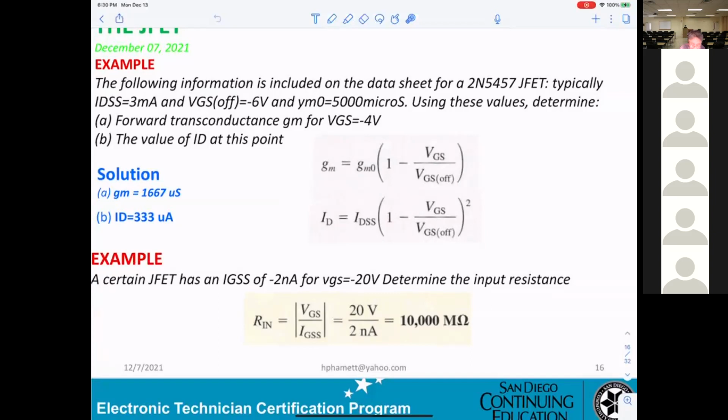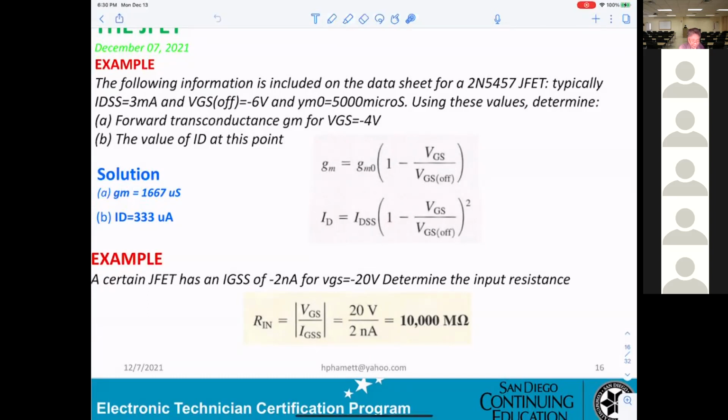Using these values, calculate the forward transconductance GM for VGS equals minus 4 volts, and the value of ID at this point. So you can see the solution.